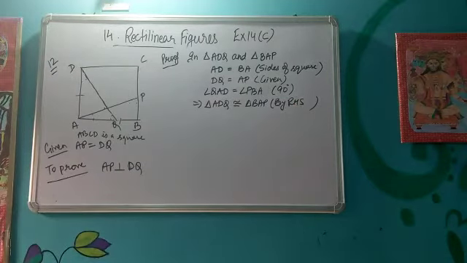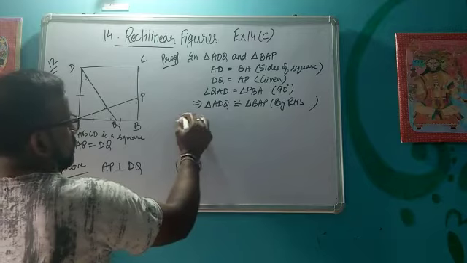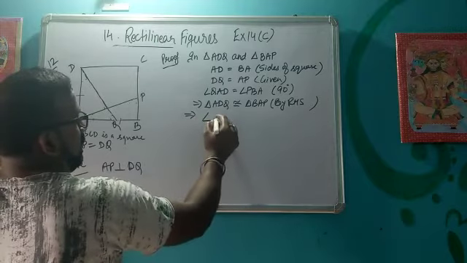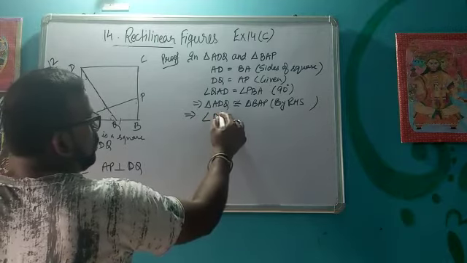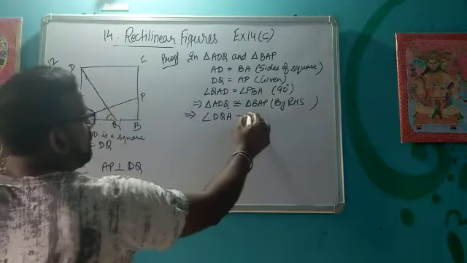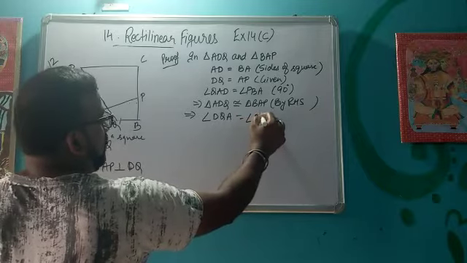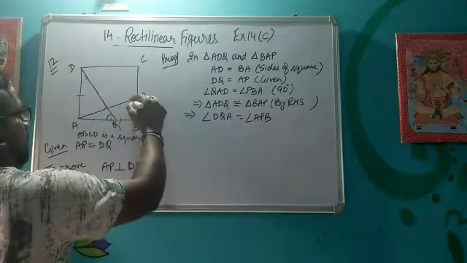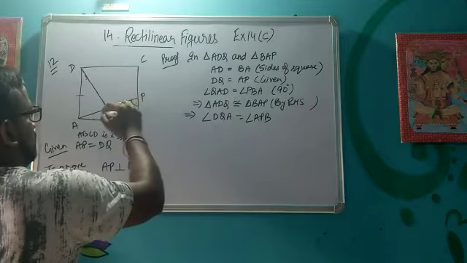So by RHS criteria they are equal to each other. So we can say that angle DQA is equal to angle APB. Let these two be X.